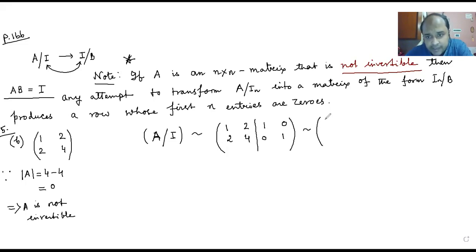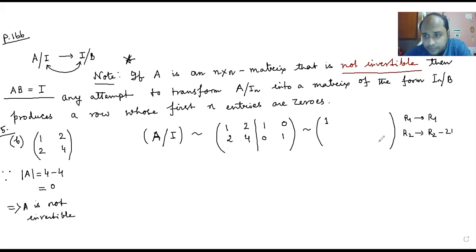So I can keep this element 1, and I want to make this element 0. Then I have to decide what operations I want to perform. So if I want to make this element 0, then I can keep R1 the same, and I can subtract twice R1 from R2.